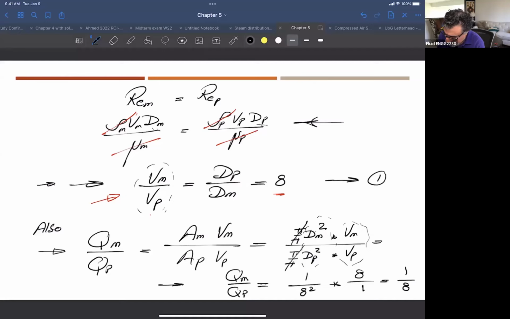So instead of V model over V prototype being equal to 8, you're going to end up with this 8 here, and then you have the ratio between the density and the viscosity as well. So the velocity ratio will not be equal to 8. It might be a smaller value because you are using, for example, a heavier fluid. So can I use a different viscosity, maybe higher viscosity and higher density, and so on? So you can have many problems on the same type of analysis. And this is what happens in real life.